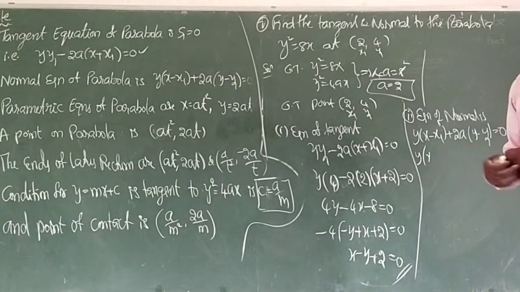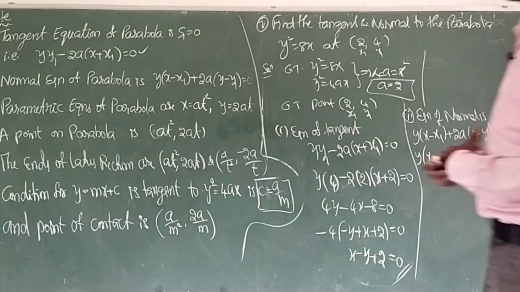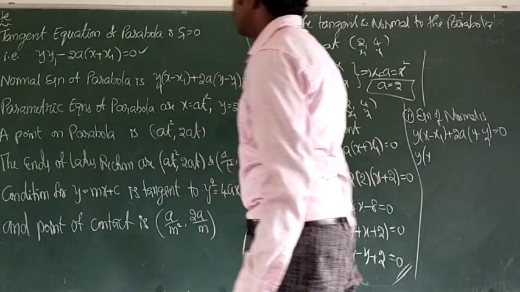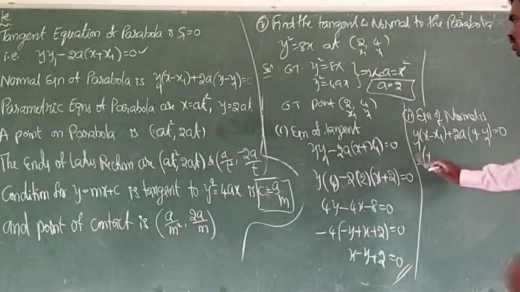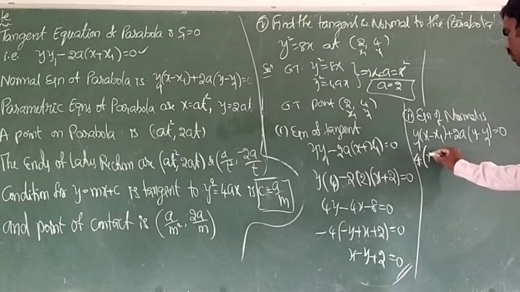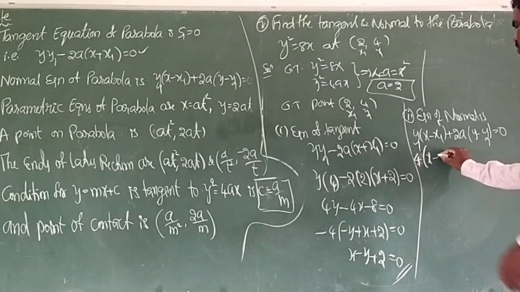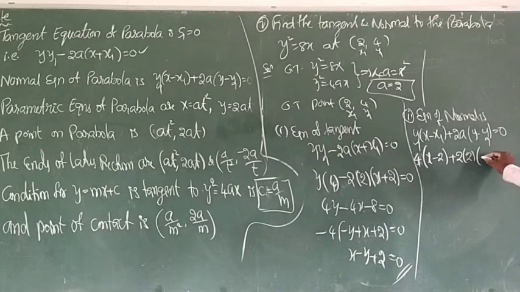y1 into, okay, y1 into x minus x1. y1 means 4 into x minus x1 is 2, plus 2a is 2 into again y minus y1 is 4.